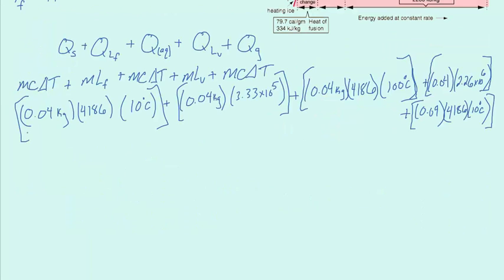So I ended up putting brackets around each of our Qs. So we see we still have 1, 2, 3, 4, 5 Qs.